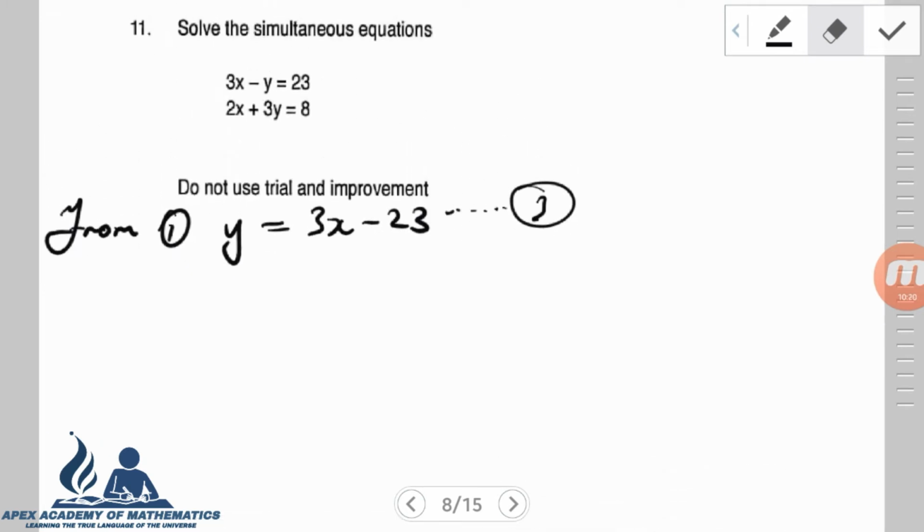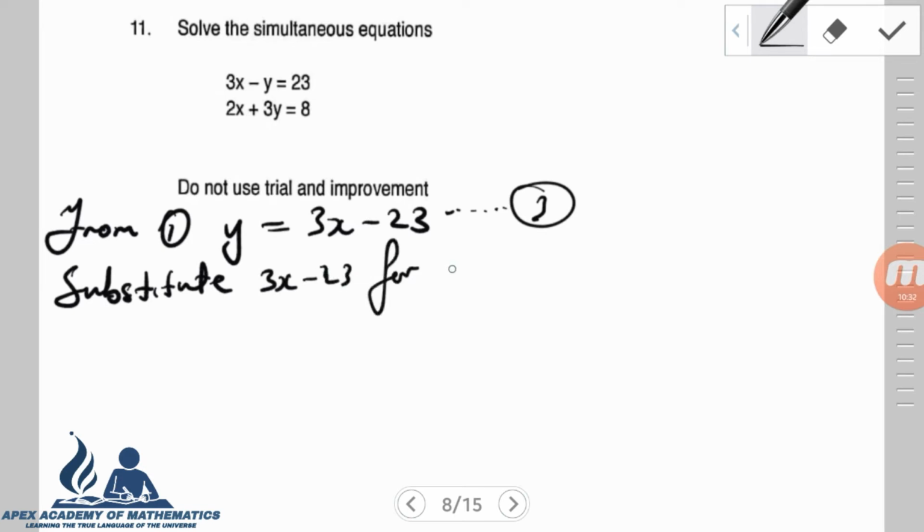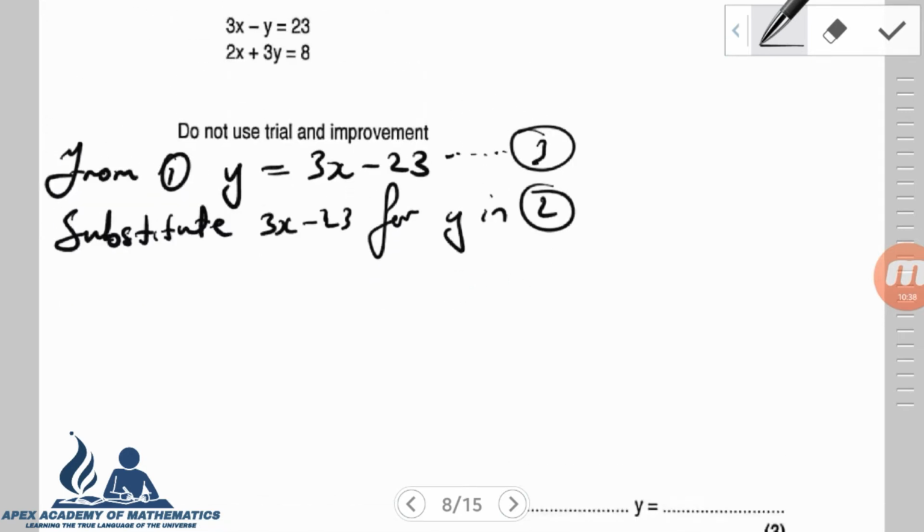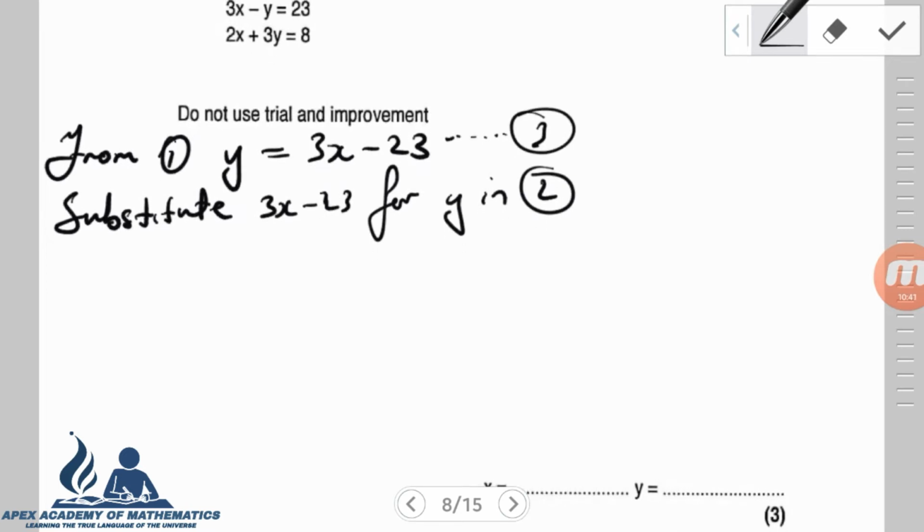So now we're going to substitute 3x minus 23 for y in equation 2. So we have 2x plus 3 times 3x minus 23, equal to 8.